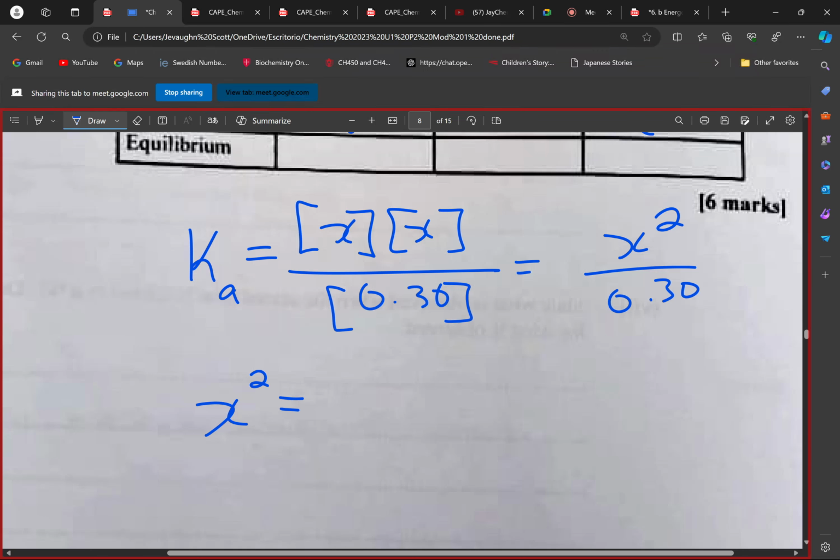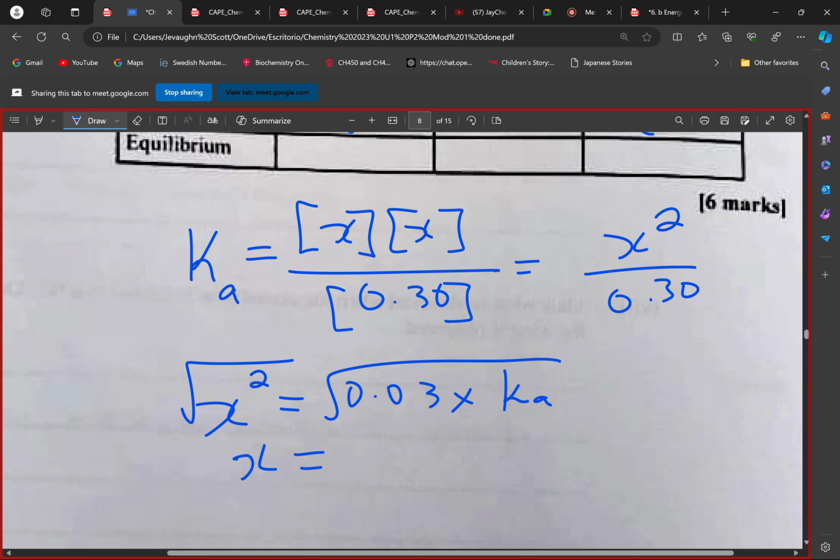Sir, 0.30 times Ka, and then to make x the subject, you would square root both of them, right? But where's this taking us though? Yes, sir. It's not 0.03, it's 0.30.